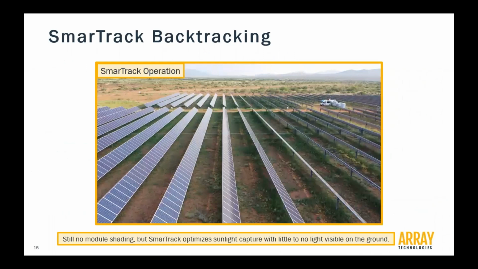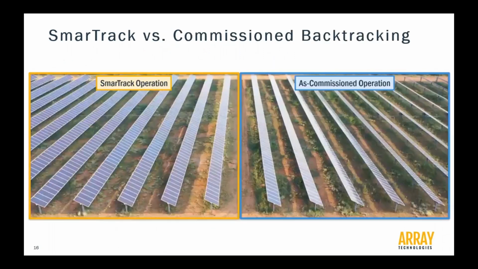And this is an example of SmarTrack backtracking. It still shows no shading, but now you see only minimal sunbands on the ground. And then here we just contrast the two, one image side by side.